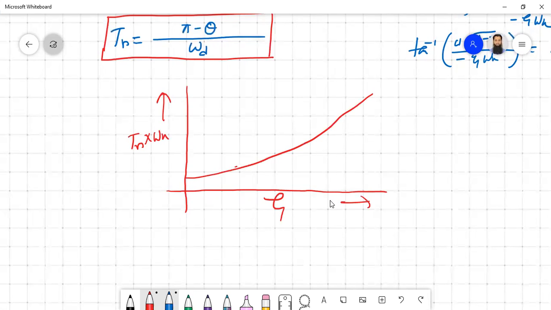If you know the zeta value and omega n, you can find the corresponding value, divide it by omega n, and find the rise time. So you can go for either the table or the chart, or derive it yourself with the formula we have derived. But always remember we have assumed the condition of going from 0 to 100%, while in most cases it is 10% to 90% or 5% to 95%.